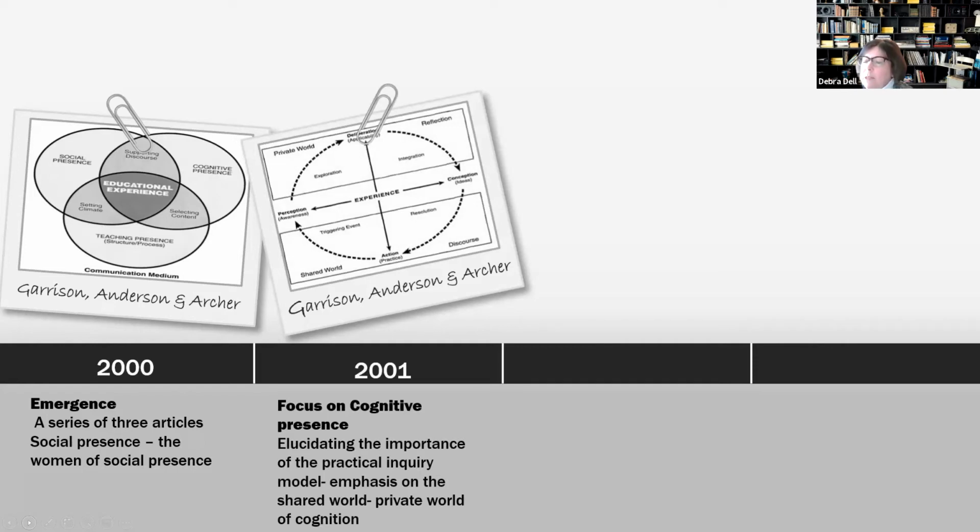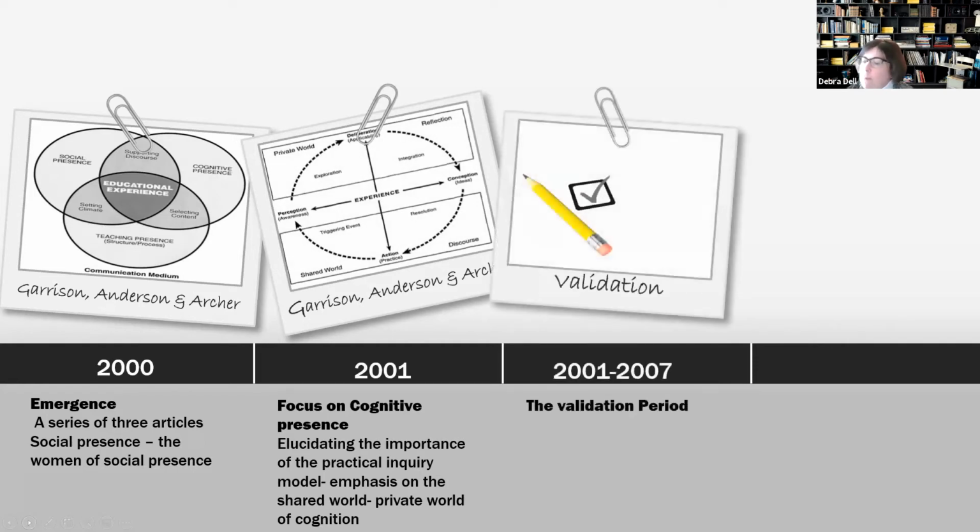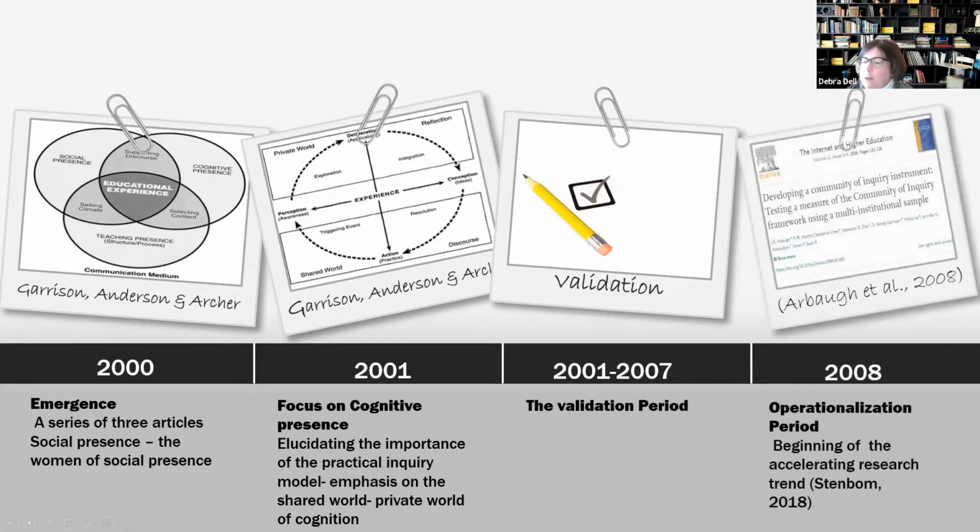Beginning in 2001, there was a focus on the importance of the practical inquiry model, the cognitive presence part of the model. The period from 2001 to 2007, we're calling the validation period, because that's when lots of studies were done about instrumentation and designing things that could help measure whether the three presences were going on in a community of inquiry.